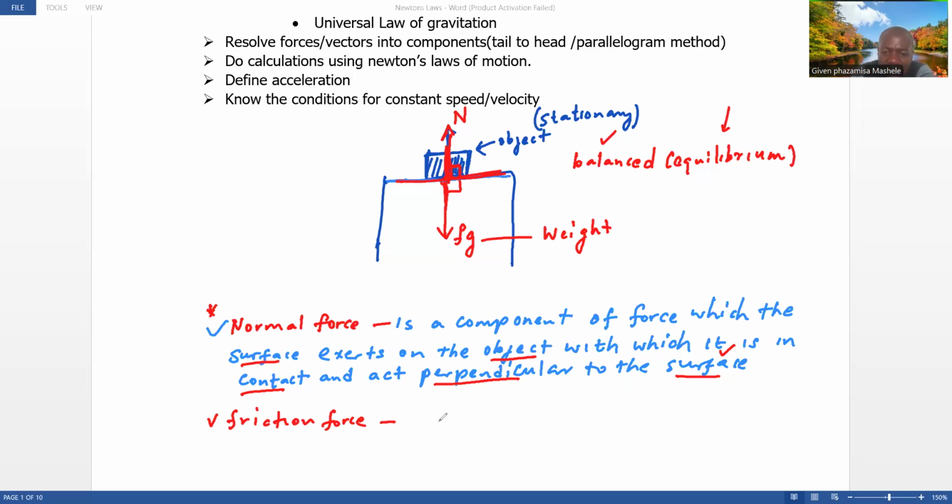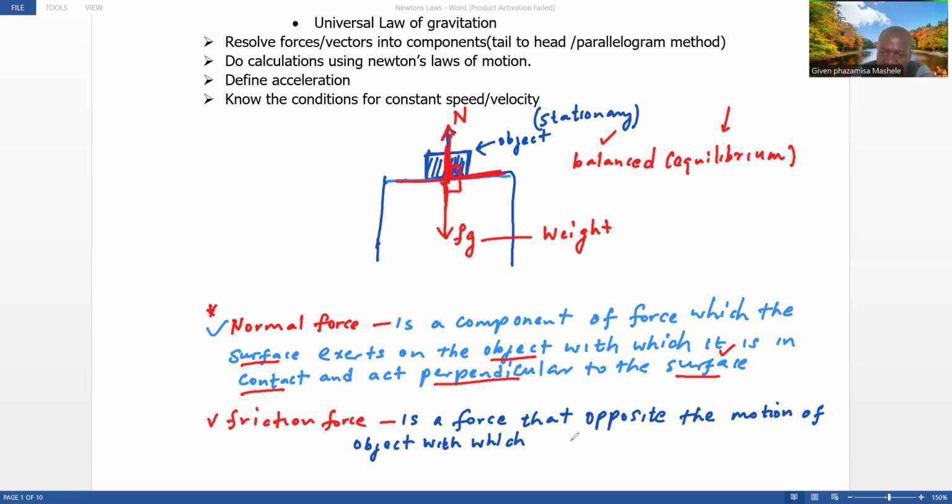A frictional force is a force that opposes the motion of an object with which it is in contact, and acts parallel, not perpendicular. It acts parallel to the surface.